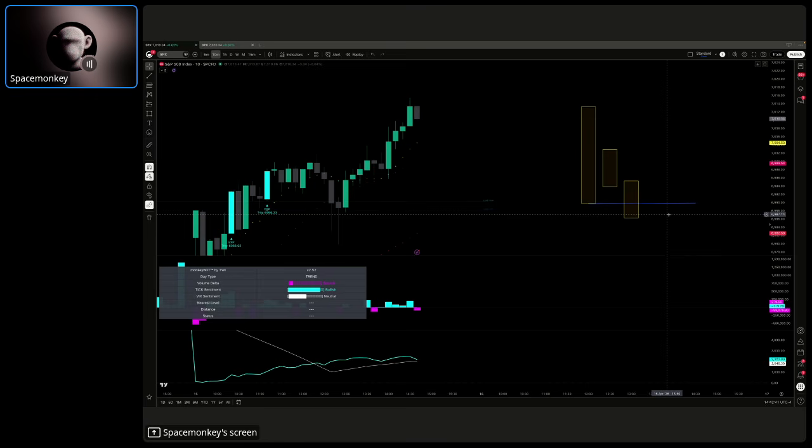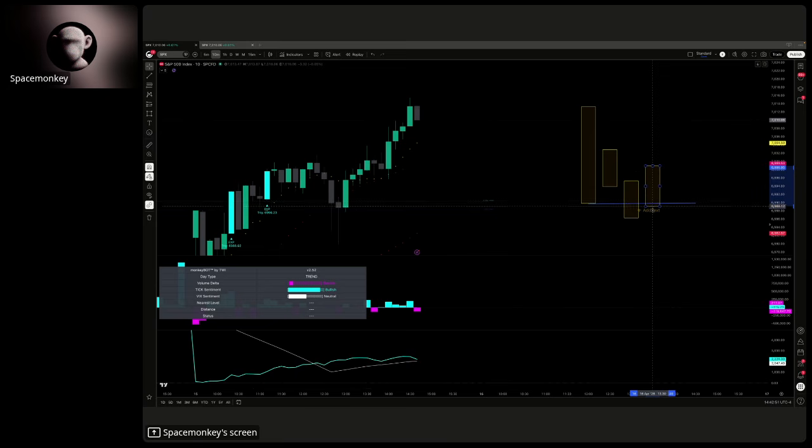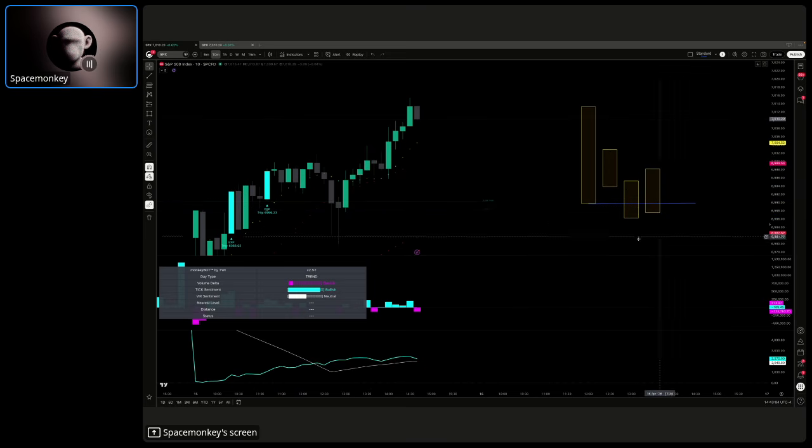But according to my playbook, if this move down fails and you see a recovery of the previous day low or previous week low or overnight low in the ES session, or any of those, that could be a nice long because technically you'll have trapped shorts down here and you'll see this fast move up.